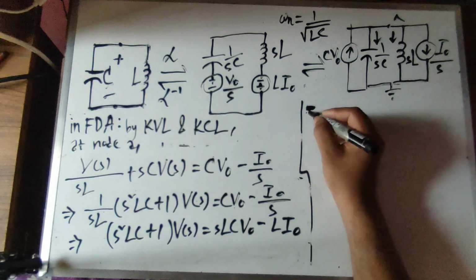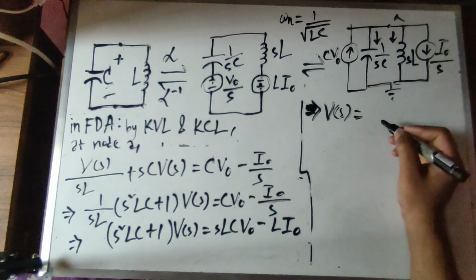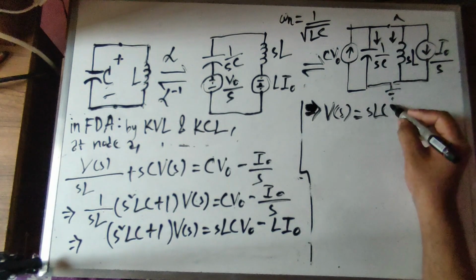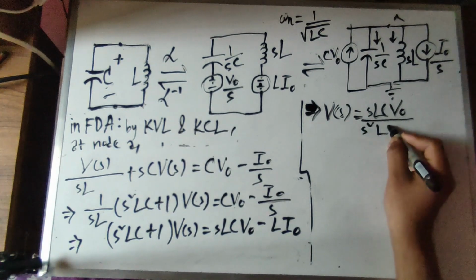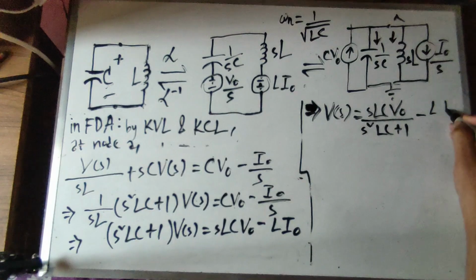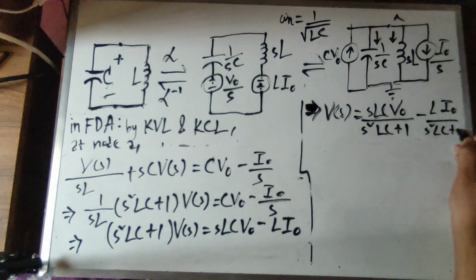Now V(s) equals s L C V0 by (s squared LC plus 1) minus L I0 by (s squared LC plus 1).